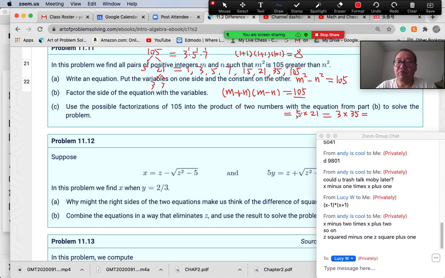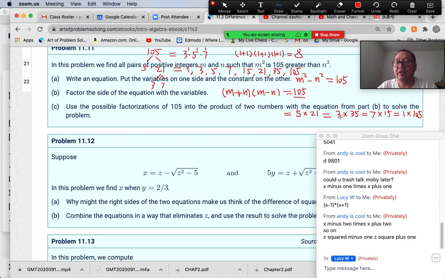So this way, you can write 3 times 35, 7 times 15, and 1 times 105.